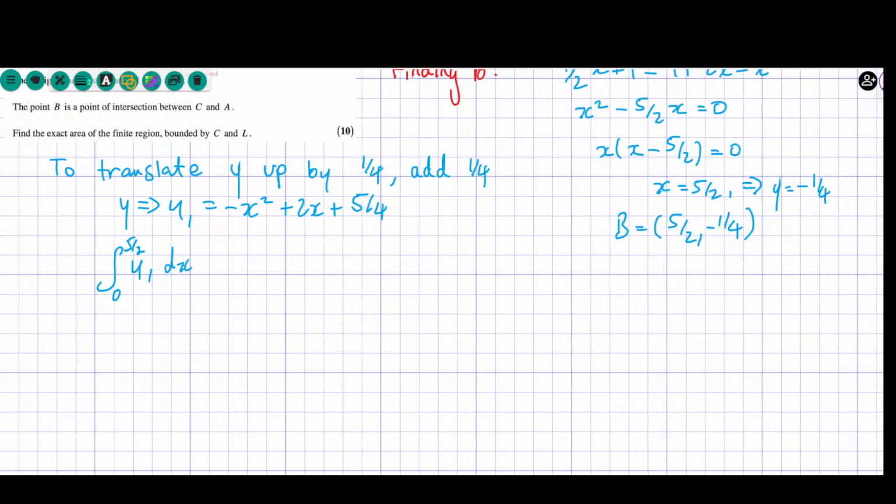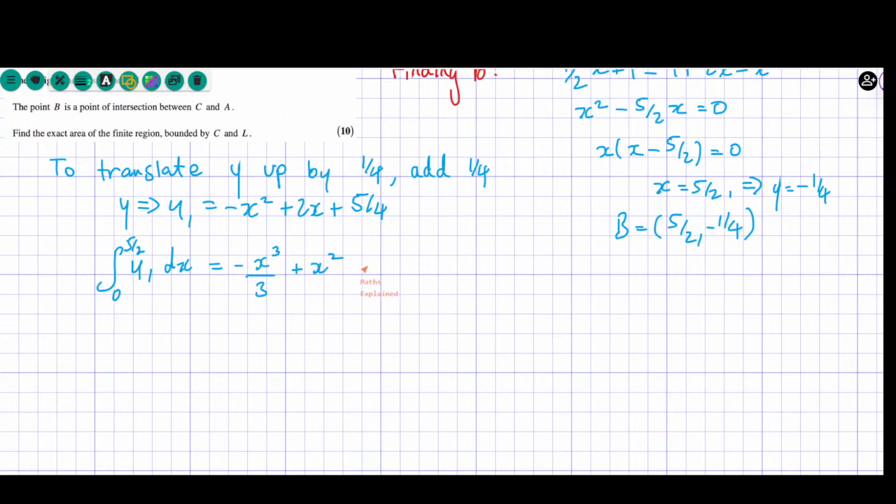Yeah. Sure. So we're integrating this y1 with respect to x. So here we're using the power rule, as we were doing before. So this is going to be negative x cubed on 3. This will be divided by 2, so it'll just be x squared.